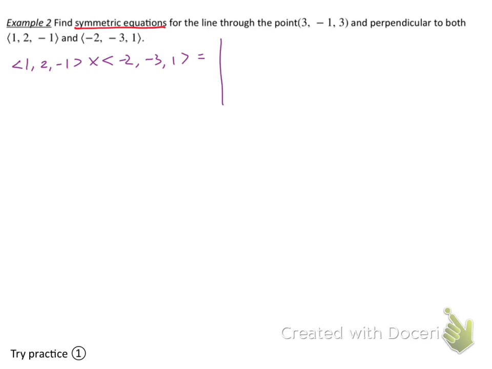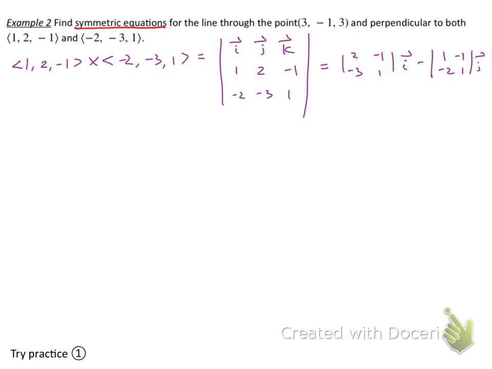So (1, 2, -1) cross (-2, -3, 1). This is the determinant with i, j, k, my first vector (1, 2, -1), and my second vector (-2, -3, 1). Then I expand it. I'm having the 2, -3, -1, 1 determinant times i, minus the 1, -2, -1, 1 determinant times j, plus the 1, -2, 2, -3 determinant times k. Work it out.